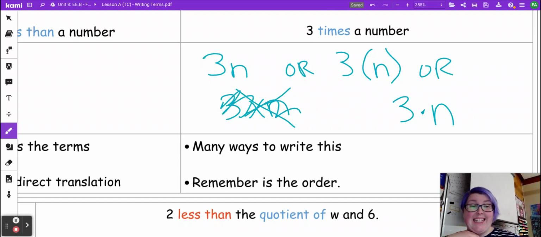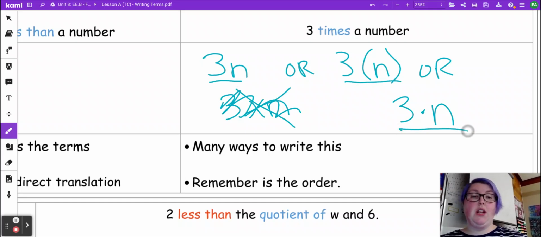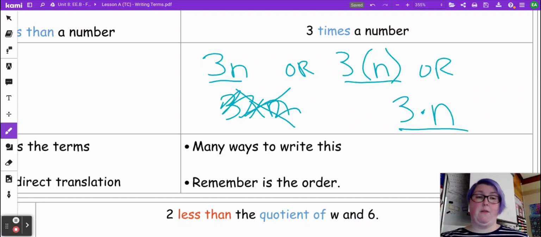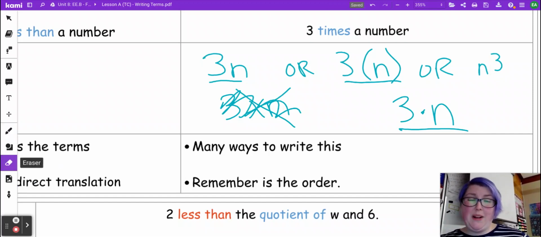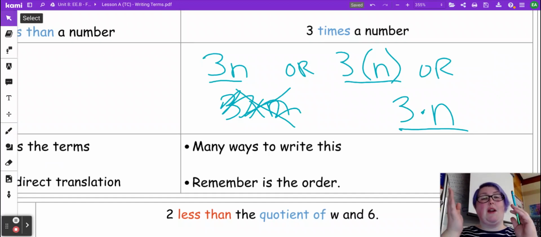The x is now a variable. It is some number. So please make sure you are using one of these 3 ways to show multiplication. Now, some of you might say, Armgart, can you do n3? You can. You are just not going to see that very often because mathematicians like to write the number and then the letter in multiplication.